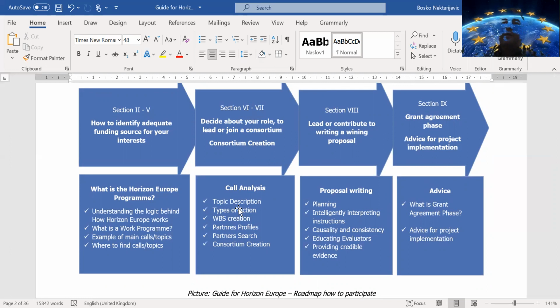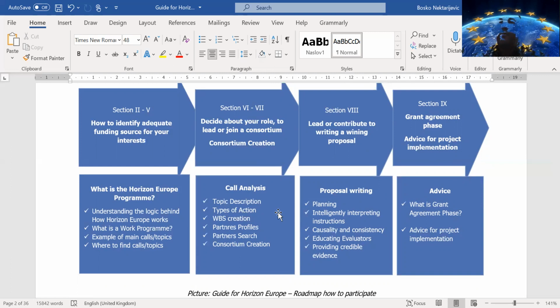So that requires to understand the topic description, type of actions, analysis, and initial work breakdown structure, draft creation, and creation of your partners' profiles, how to do a partner search, and then how to create a consortium.